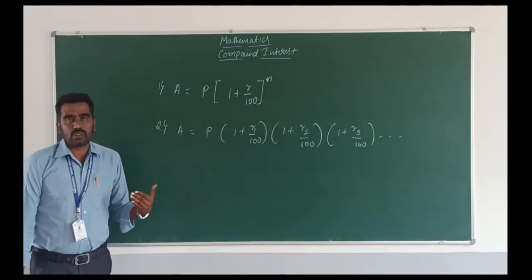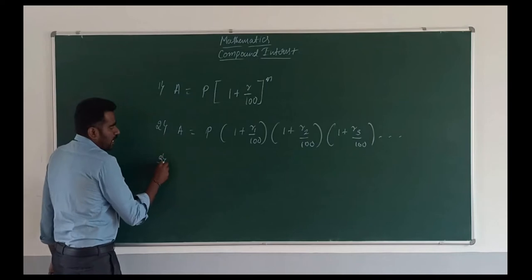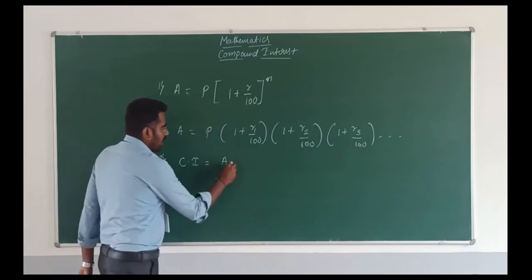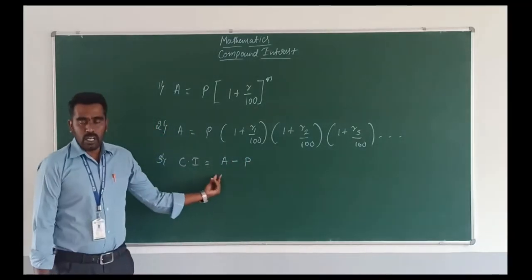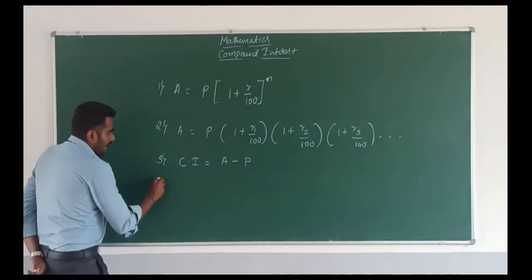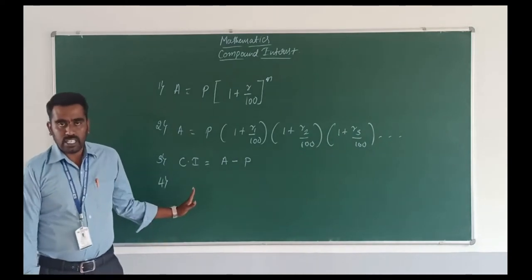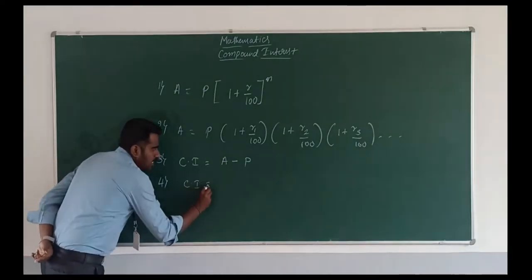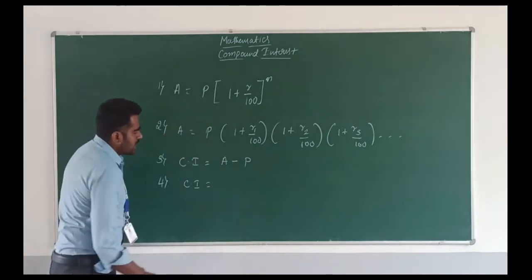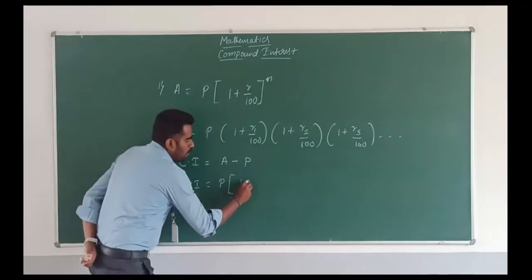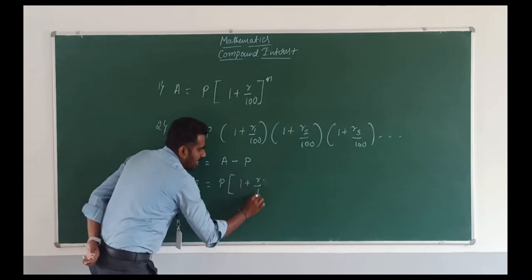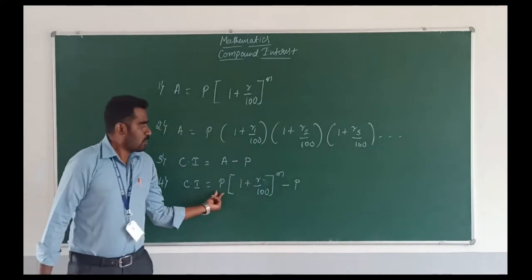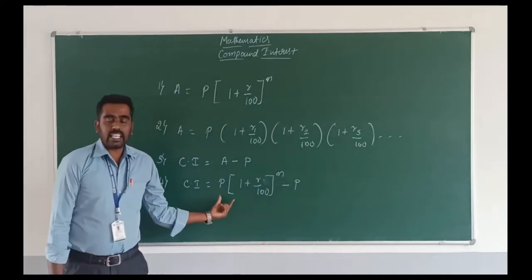Next we move to compound interest. The compound interest formula is CI is equal to amount, that means final amount, minus principal. We can also directly calculate the compound interest without finding the amount. The amount formula is P of 1 plus R by 100 to the power n, minus P. See, here also P, here also P, so we have to take the common.